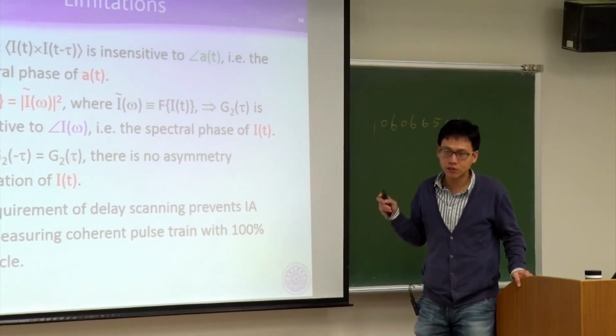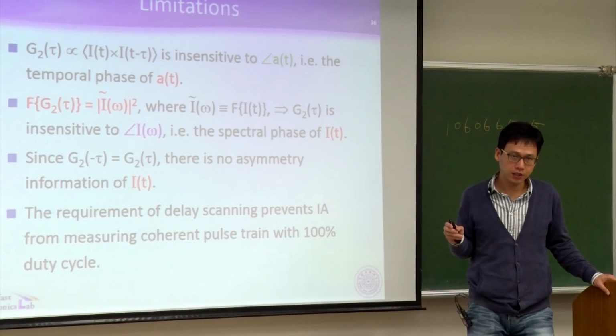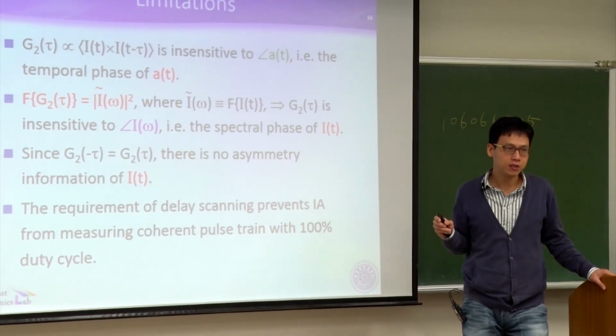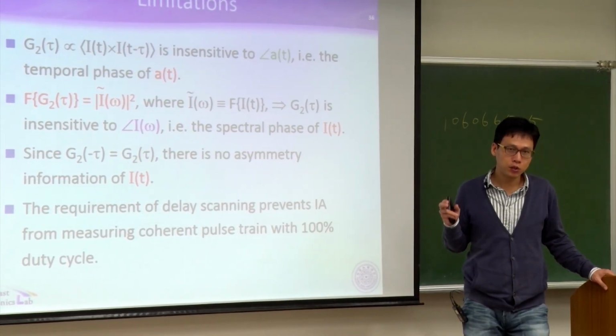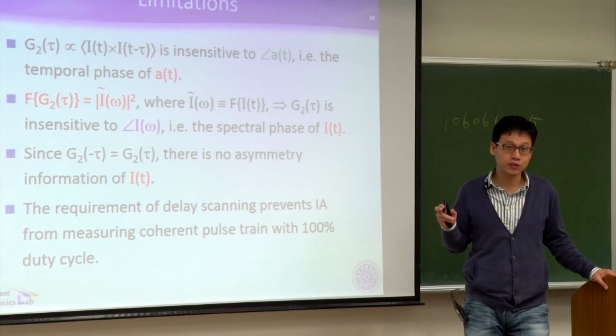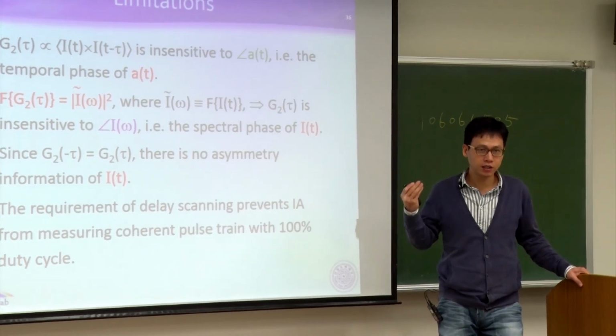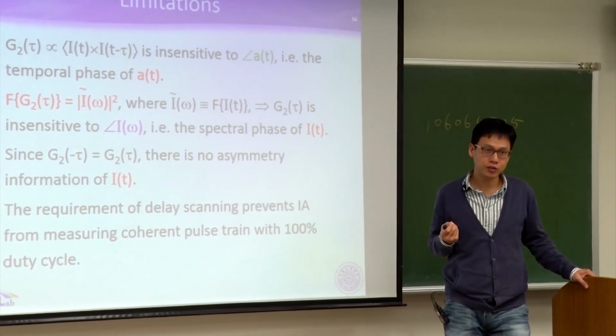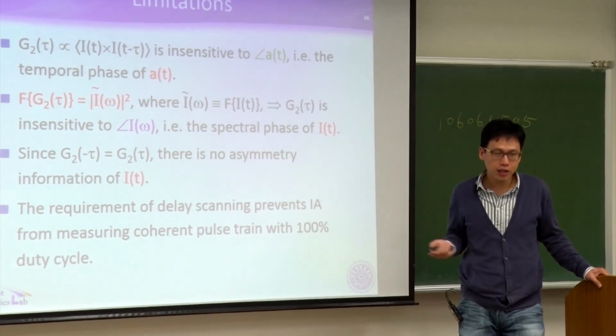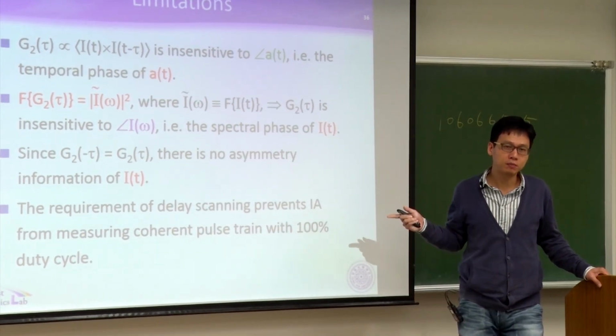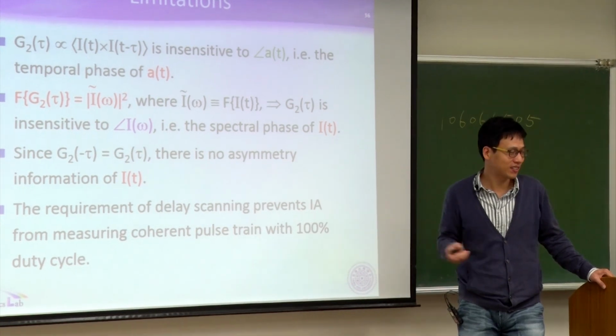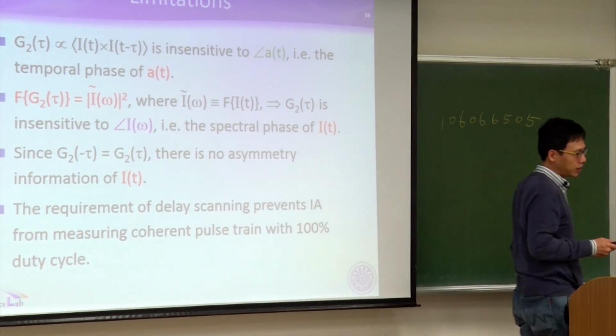Because you always need a delay which is large enough such that the pulse replicas are totally separated. Then you can get a complete autocorrelation trace. When the duty cycle is 100%, it's never possible. Okay, so this is one of the limitations.